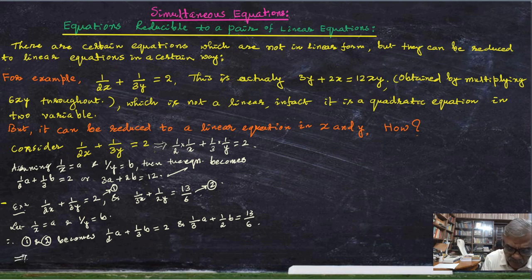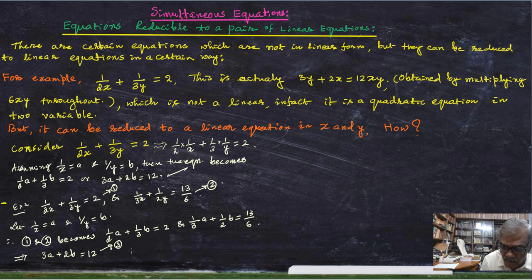By multiplying both sides by 6 in these two equations, we have 3a plus 2b equal to 12. Call this equation 3.